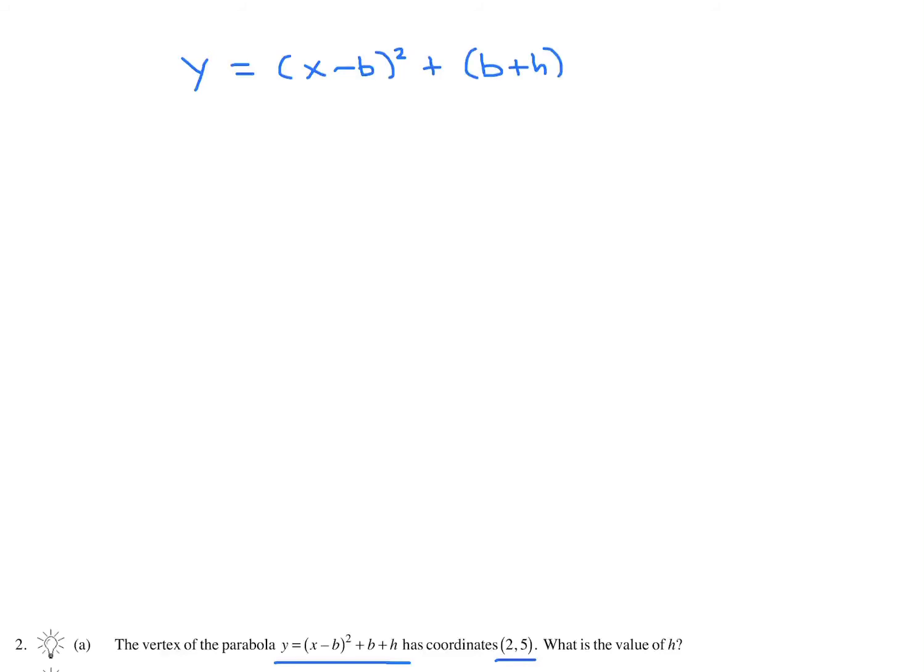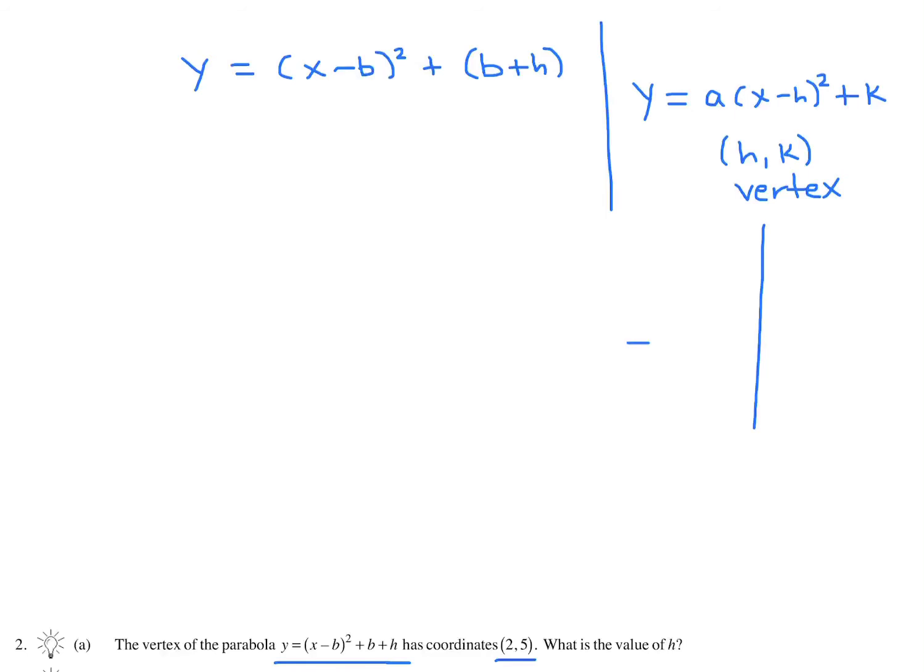Now we know that a parabola has an equation of the form a times (x minus h) squared plus k, where h, k represents the vertex of the parabola. So for example, if you have a parabola like that, this is the vertex right here, and that point is h, k.